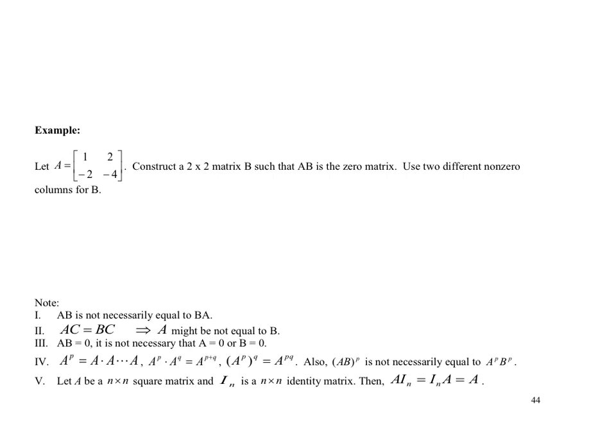So the example that follows: construct a 2 by 2 matrix B such that AB is a 0 matrix. Use 2 different non-zero columns for B. All right. So, we have some notations down here, but the important one, AB equals 0. It's not necessary that A equals 0 or B equals 0. All right.